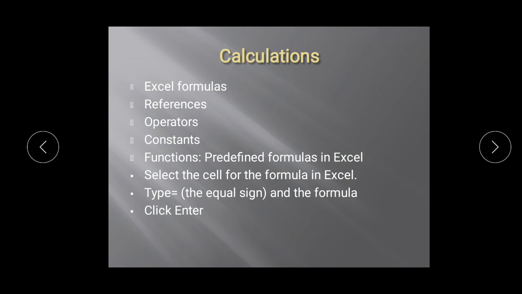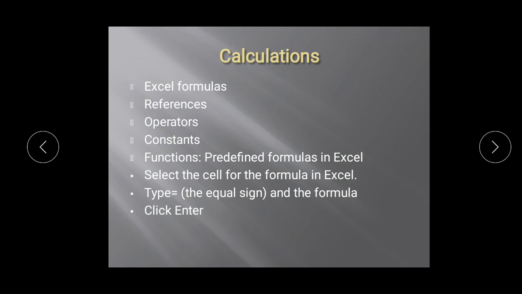If you type equal to and start the formula in the fx bar, the formula bar in Excel, you can type the formula which you want. Second is references, the cell or range of cells that you want to use in your calculations. Suppose there are 5 values in one column. You can just denote the range of cells and do the calculations.